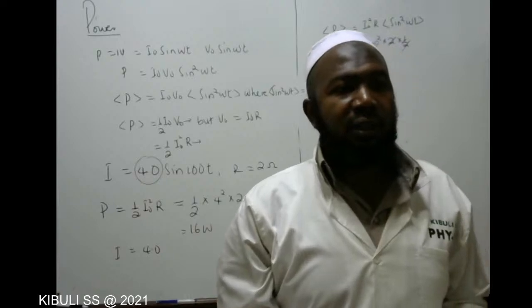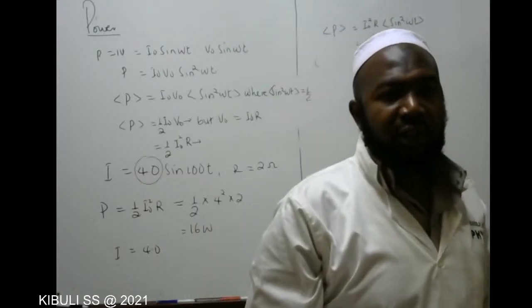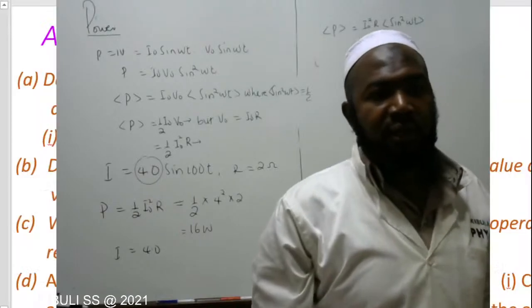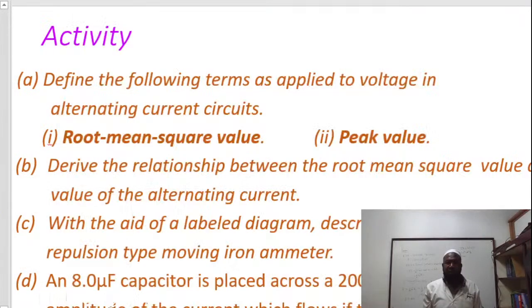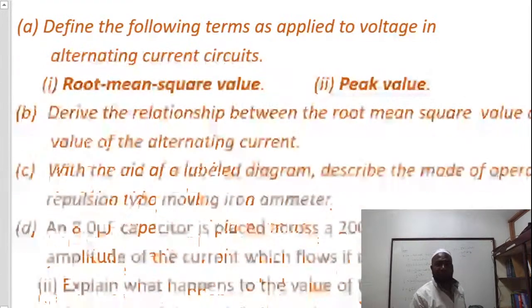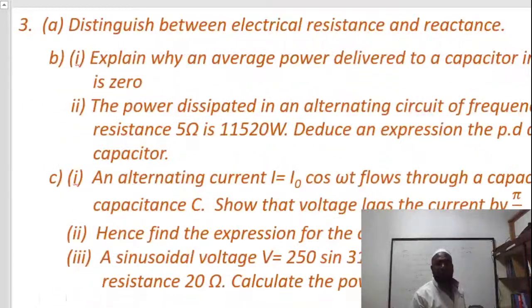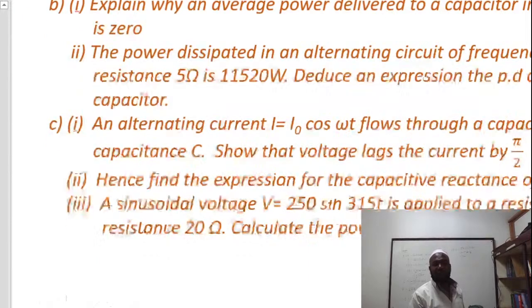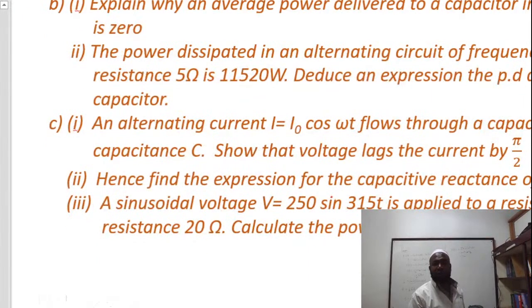There are activities involving the following numbers: number 1, 2, and 3, which I want you to try in our next lesson. Those are what we are going to be discussing, inshallah, when we meet again.